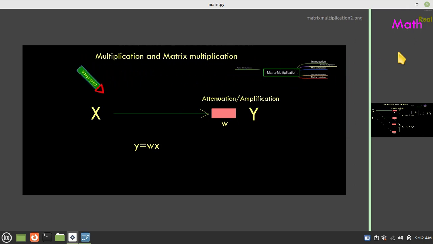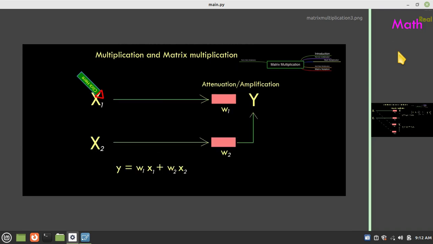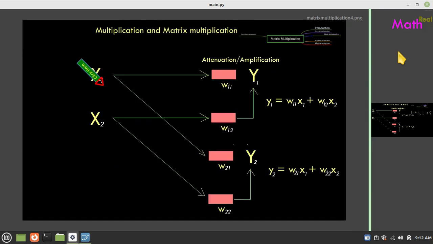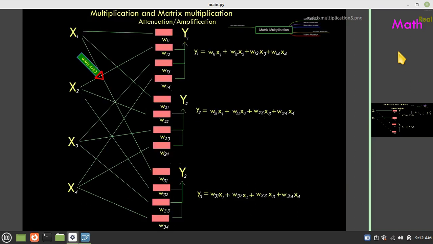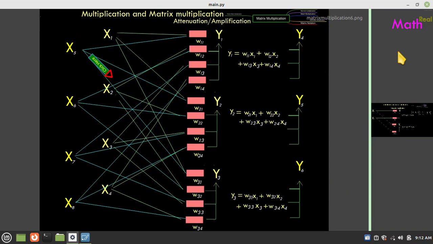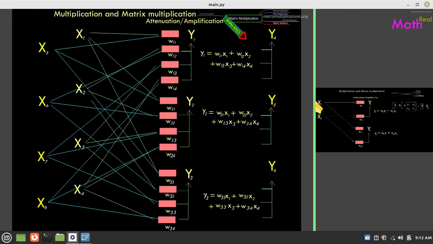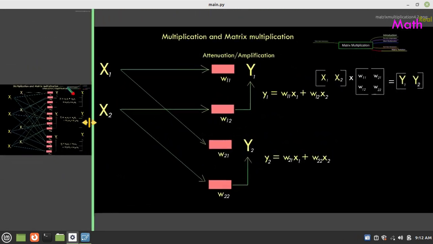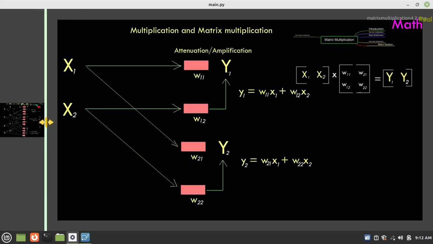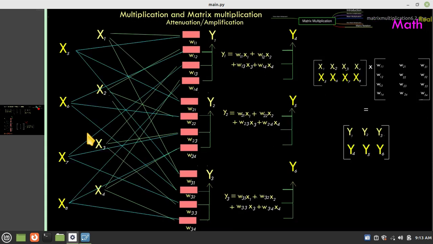Okay, so to recapitulate, we started with simple multiplication. It reached this stage, this stage, this stage, and this stage. Can we address this through some kind of notation that will make our life easy? Now we came up with a matrix notation. So this is matrix notation.